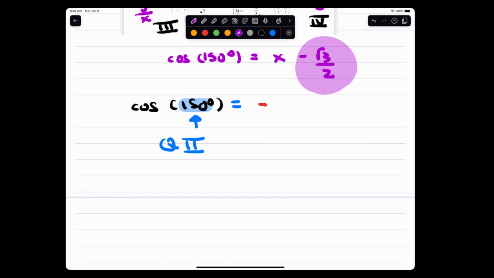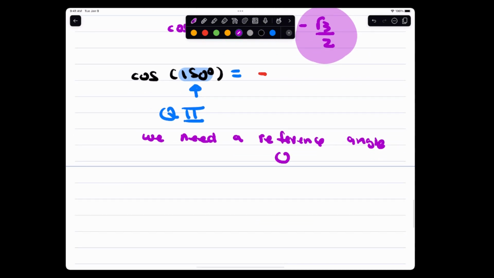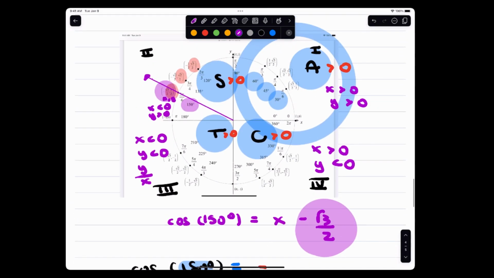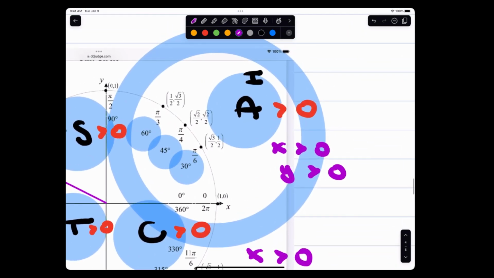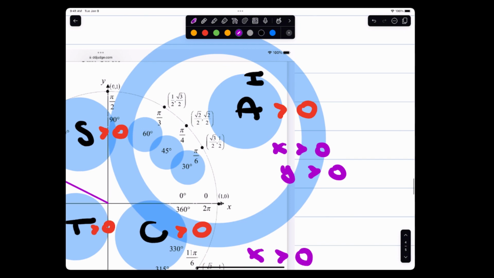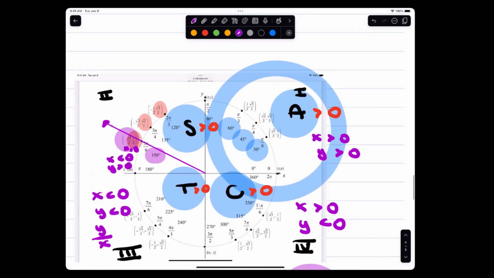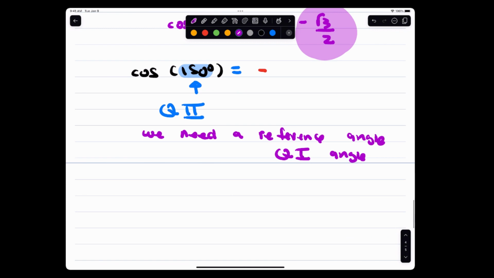You need a reference angle, a point of reference. A reference angle, ladies and gentlemen, is really a quadrant 1 angle. Remember I said it's all based on what you know in geometry, quadrant 1? Okay, let me give you guys a definition of a reference angle here. So you need this reference angle.